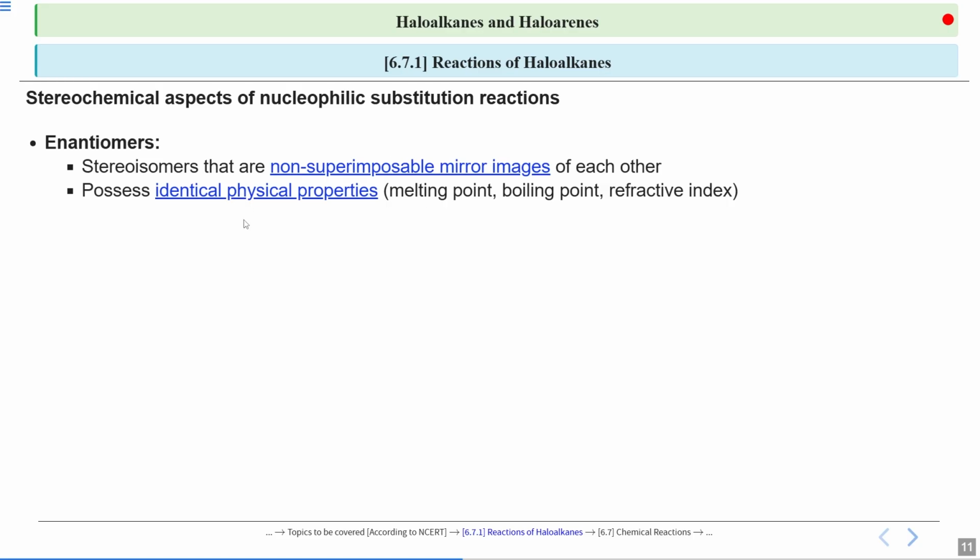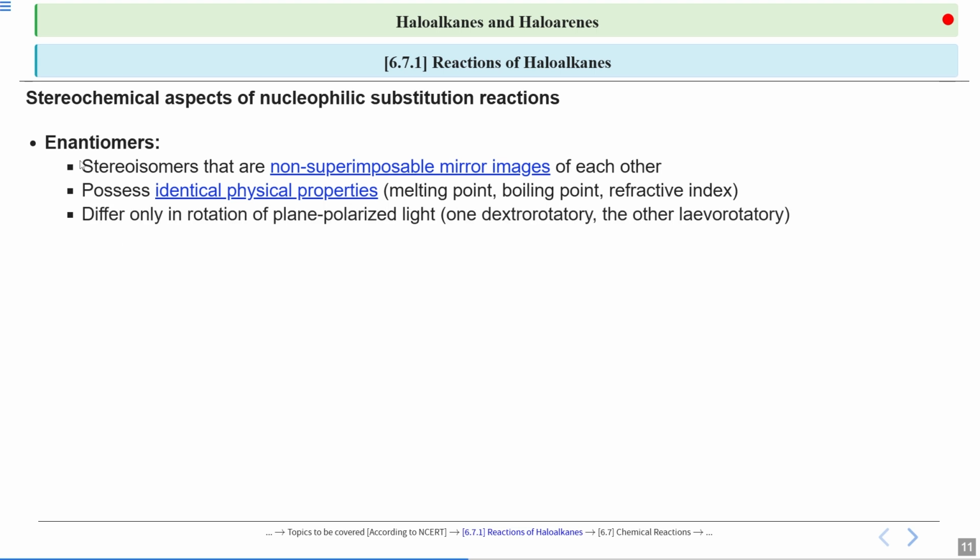Enantiomers possess identical physical properties, for example melting point, boiling point, and also refractive index. They differ only in the rotation of plane polarized light. That means one isomer is dextrorotatory and the other isomer is levorotatory.